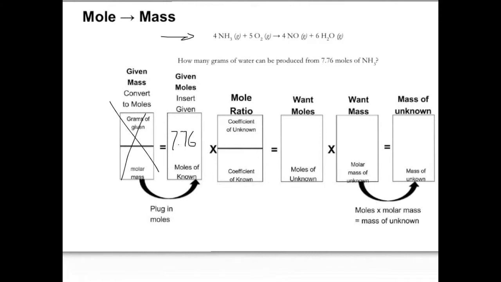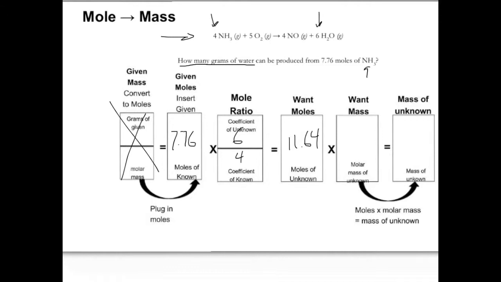So the coefficient of our unknown, how many grams of water? So water is the unknown with the coefficient of 6 up here in the equation, and ammonia is the known because that's what we were given, and the coefficient of ammonia is 4. So 7.76 times 6 over 4 is 11.64 moles.